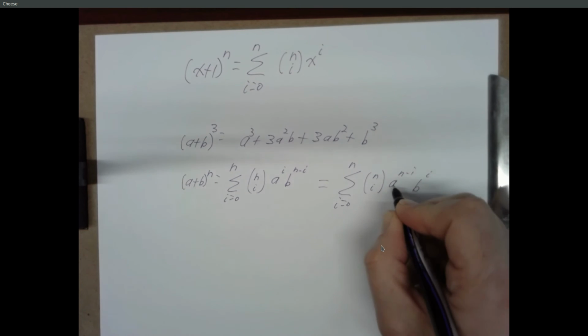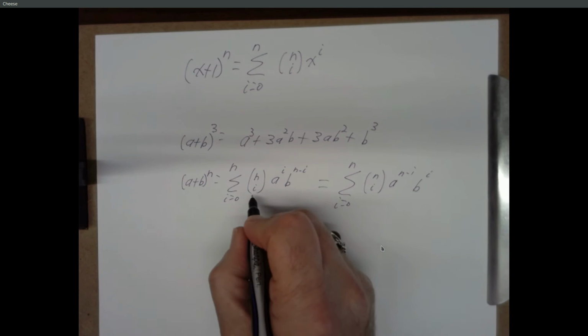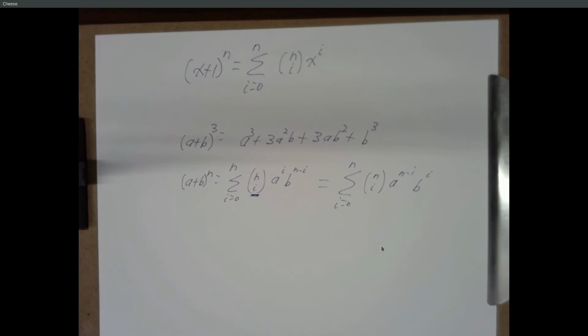And they should be the same. Oh, yeah. It's addition. And because this is symmetric, n choose i is the same as n choose n minus i, which is not obvious, but it turns out to be true. Depends on how you order your terms.